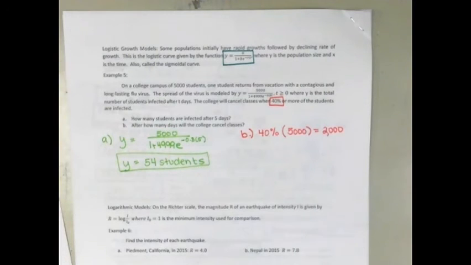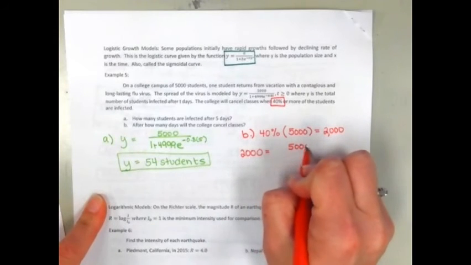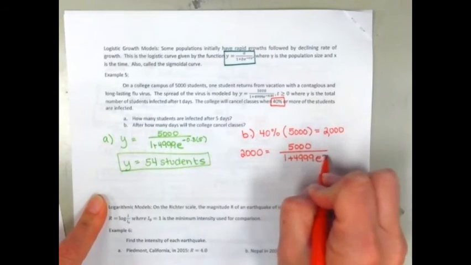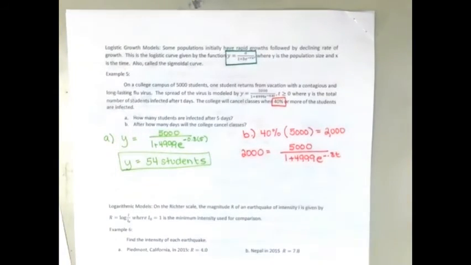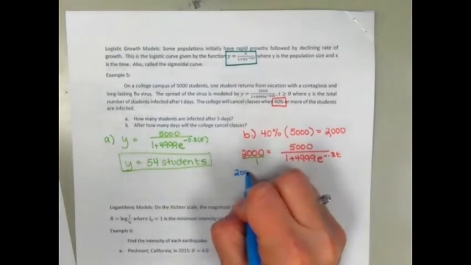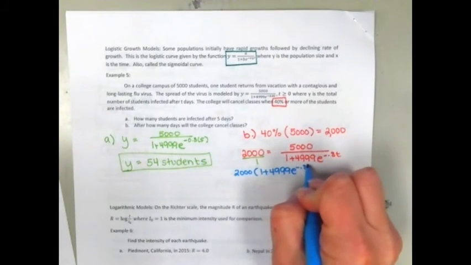So it says after how many days? So what are we trying to find? T. Yep. So let's plug 2,000 in for y equals 5,000 divided by 1 plus 4,999 e to the negative 0.8 t power. Now, if I put 2,000 over 1, wouldn't I just cross multiply? If I cross multiply, I'm taking 2,000 times this 1 plus 4,999 e to the negative 0.8 t power equals 5,000.